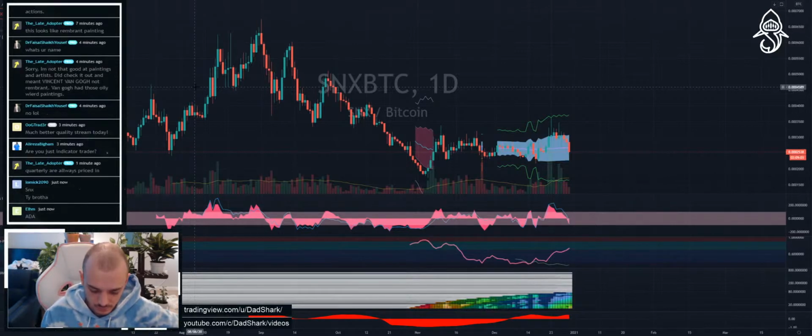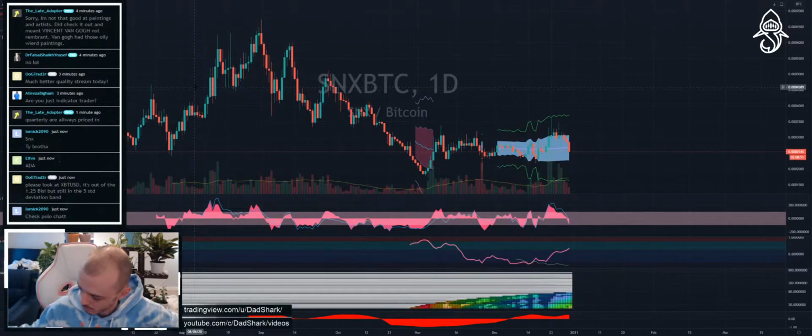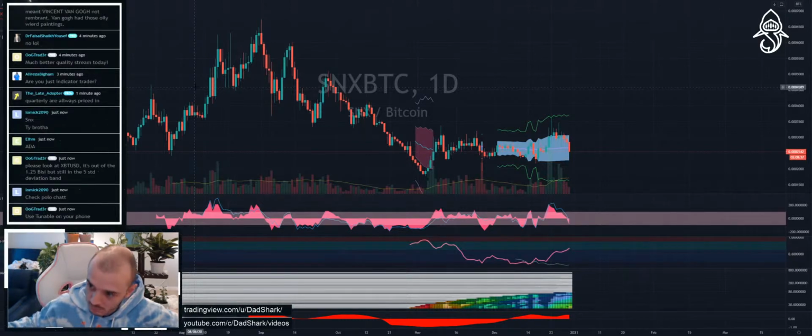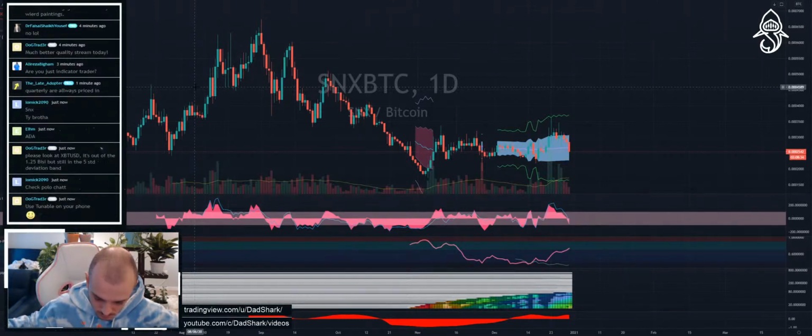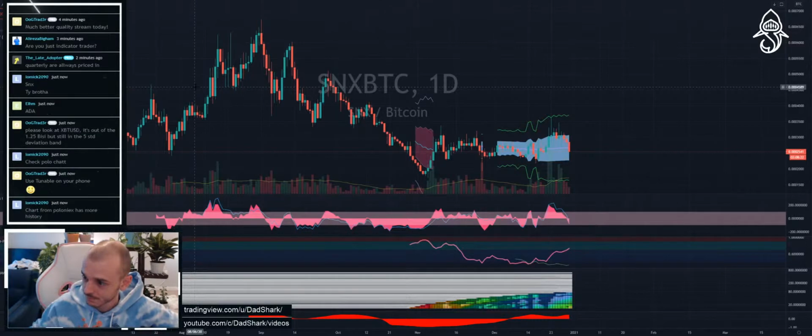D. I'm using Pano Tuner on my phone. But you can't see it.